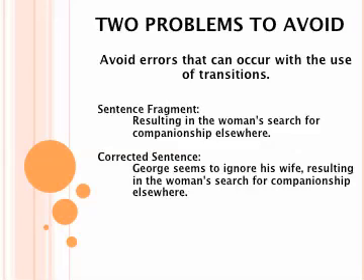We don't even know what the verb is. Okay. So the corrected sentence is, George seems to ignore his wife, resulting in the woman's search for companionship elsewhere. Aha! So because he ignores his wife, she is looking for a little boyfriend action on the side, it seems like.